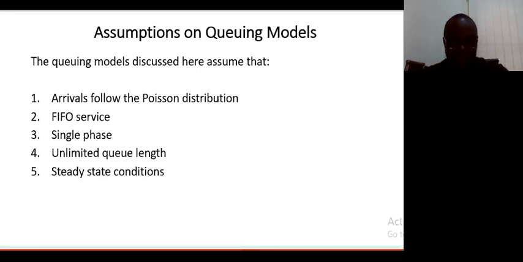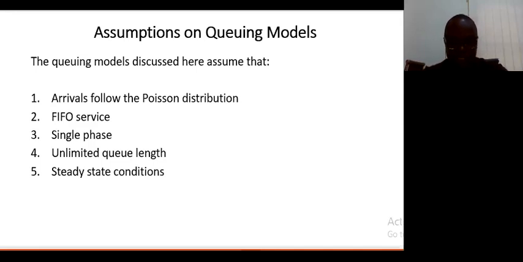Another assumption is that it is a single phase. The entities get served in a single phase. Do not mistake single server for single phase. When we're talking about phase, we are talking about something like a stage. They only get served at one point and then they depart. That is the kind of assumption that we make in the course of this class.